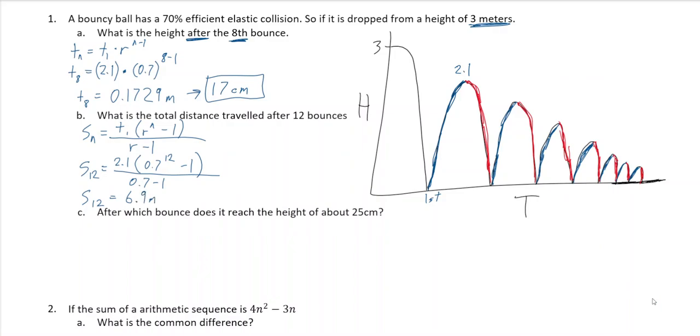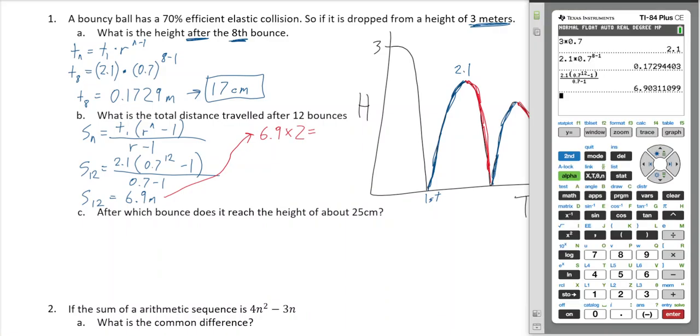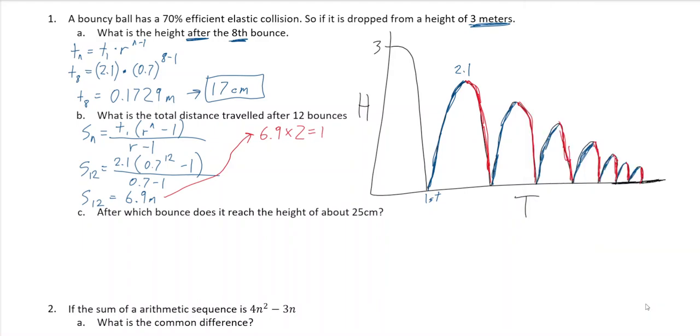And this is meters, right? But this is not our final answer because we also need to include that red part. So we are going to take that number and double it. So 6.9 times 2, right? Because we need to include both parts. So we're going to get 13.8.